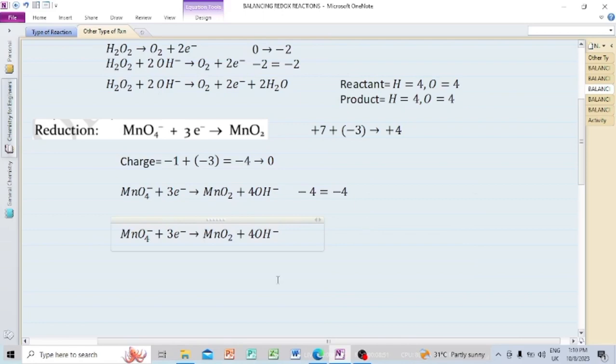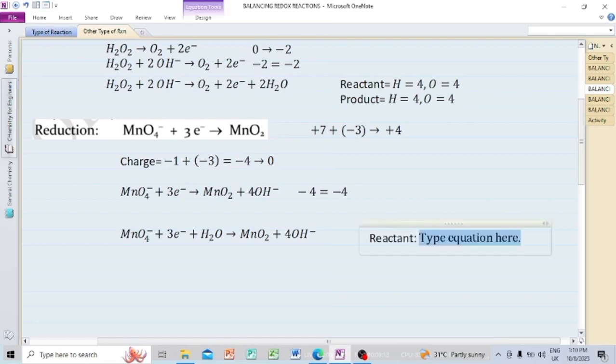Let's add water muna dito sa kabila, plus H2O. And then after adding water, we will balance the atom na. On the reactant, for oxygen, we have 5 oxygen atoms, and for the hydrogen, we have 2.